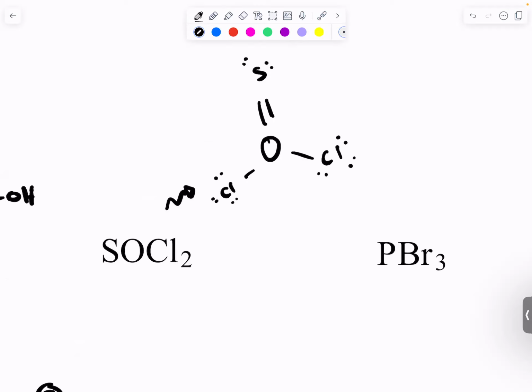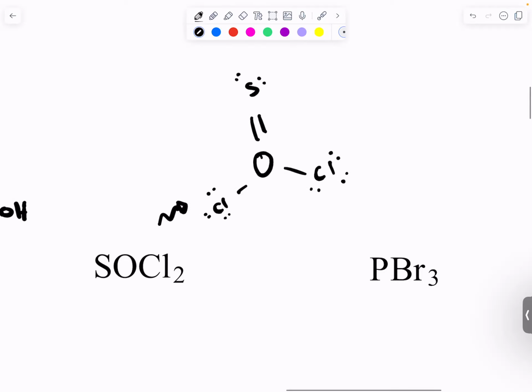Okay. So since sulfur has 6, the first thing that I see is resonance coming from the O to the S. So I could push that bond up, make it negative, make it positive. It's not a great resonance structure, so that makes me lean a little bit more towards acids.